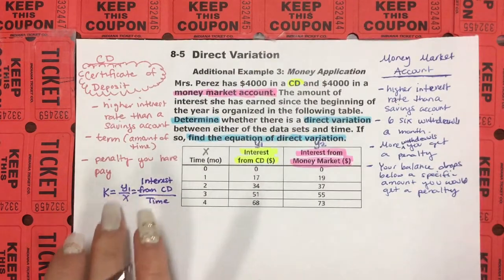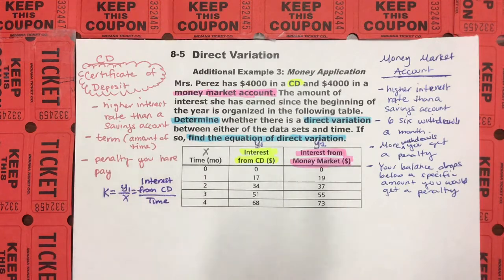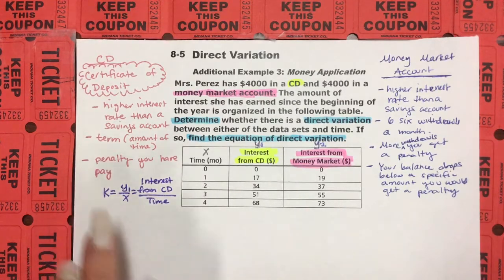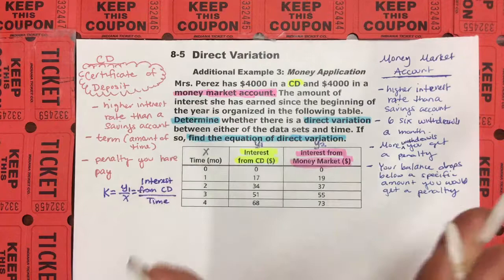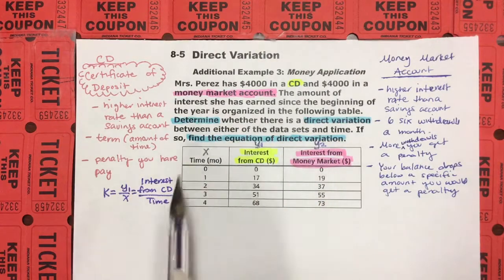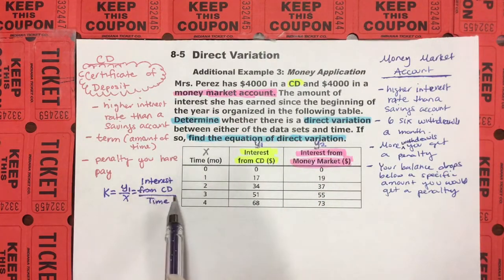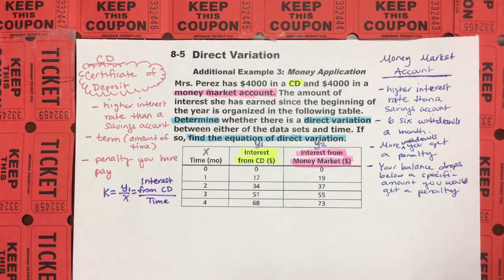Symbolically, we're going Y1 over X, and we need to have the constant K every single time. The meaning behind that is that the interest from a CD over time is constant. And if it's constant every single time, then that is a direct variation.